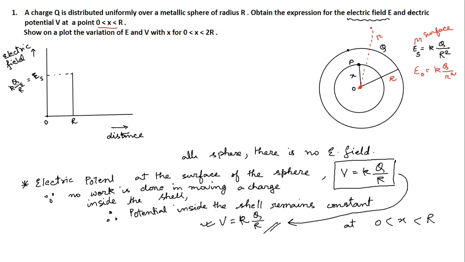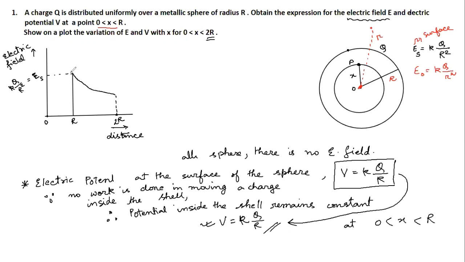Beyond which, if you go, the electric field is going to decrease in this manner. And in our question, it is given that the distance x will be up to twice r. So you can consider your point twice r.